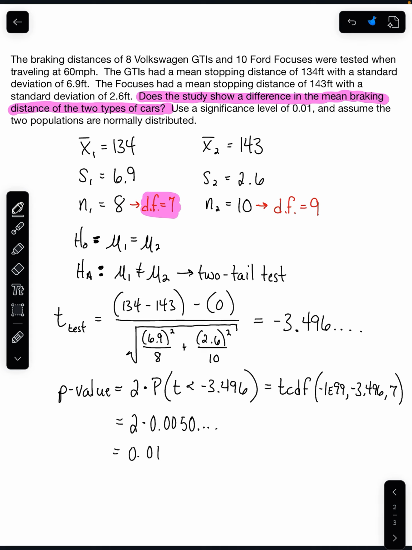Well, actually not 0.01, because there are more decimal places than the few that we show here. Because if we only use a few decimal places, 2 times our probability would come out to be exactly the same as our level of significance, which was 0.01.